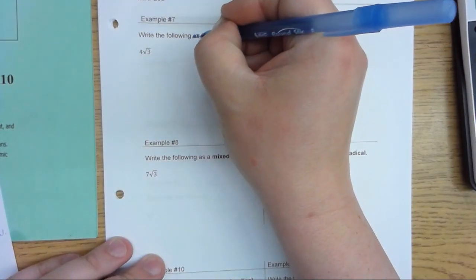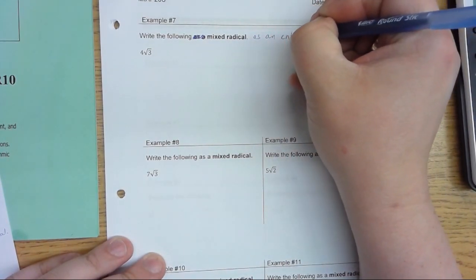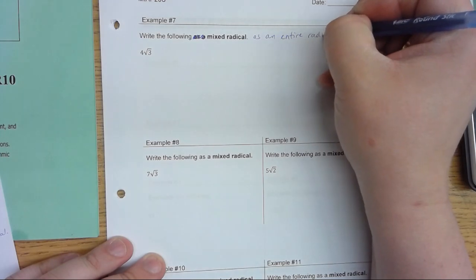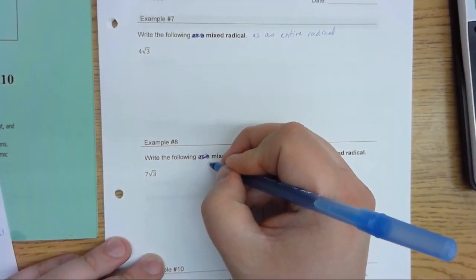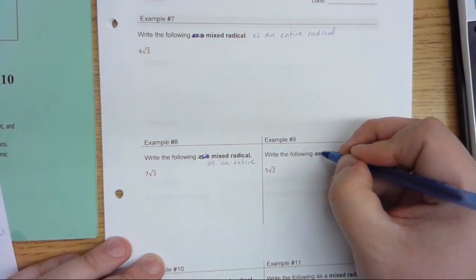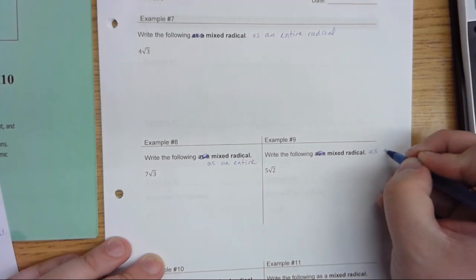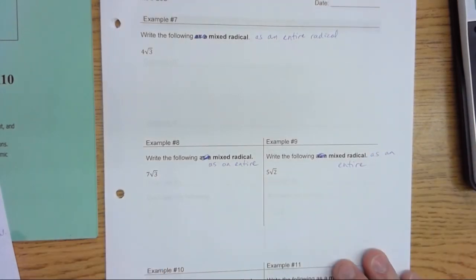That's supposed to say write the following mixed radical as an entire radical. Okay, and actually all of the instructions on this page should say that, as an entire. So fix all the instructions for me.